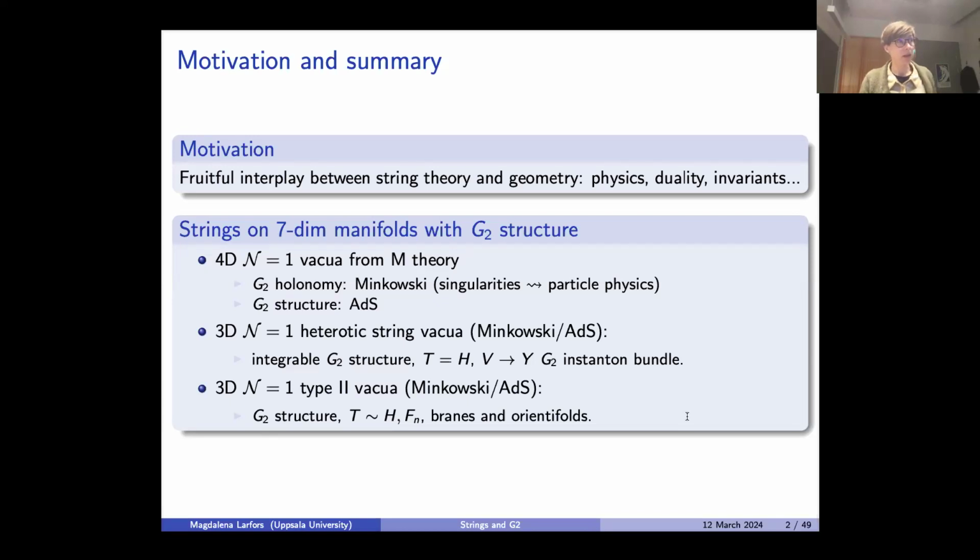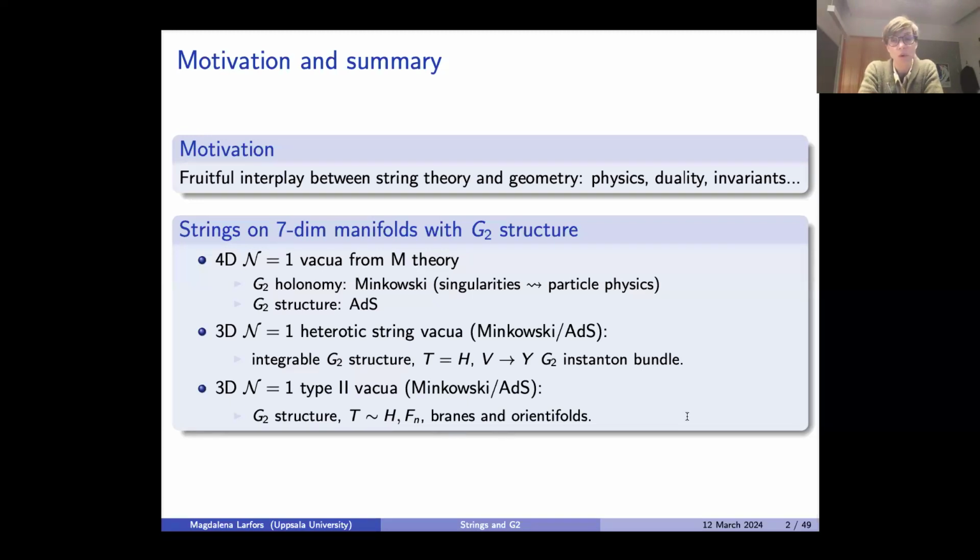What I'll talk about today are three-dimensional theories that arise from compactifications on G2 manifolds, and I'll focus on the heterotic string, where one can get Minkowski or AdS solutions in 3 dimensions from compactifications on manifolds with G2 structure. And supersymmetry here again constrains what kind of G2 structure we need, and I'll go through that in detail in a few slides.